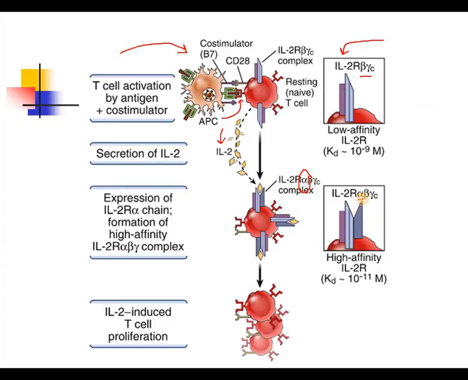That is the alpha chain of the receptor. So now you have a high affinity complex of the IL-2 receptor that includes the alpha, beta, and gamma chains. They bind IL-2 with greater affinity, and IL-2 in turn does its job much better now, which is to induce T cell proliferation. So that's really very, very cool.